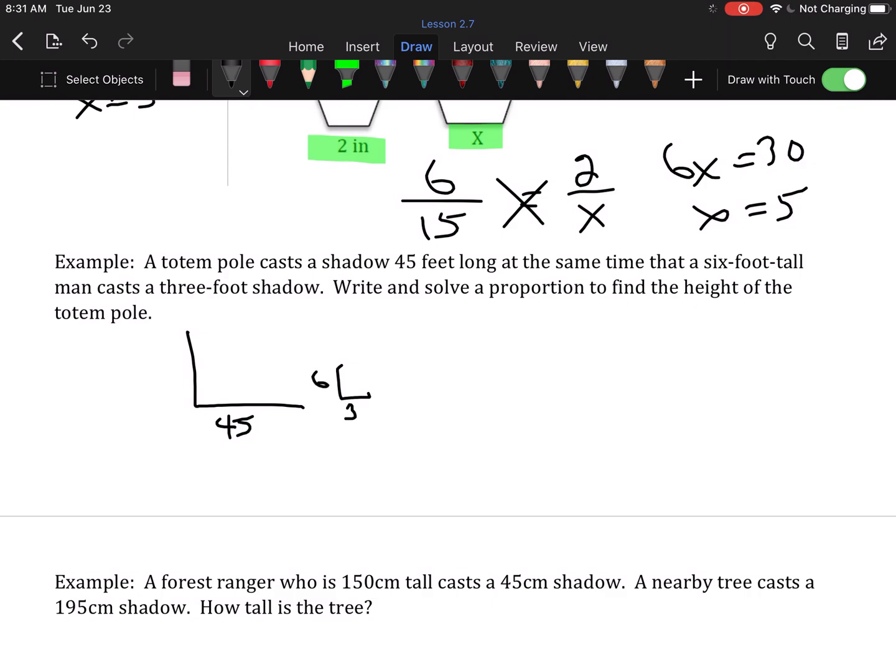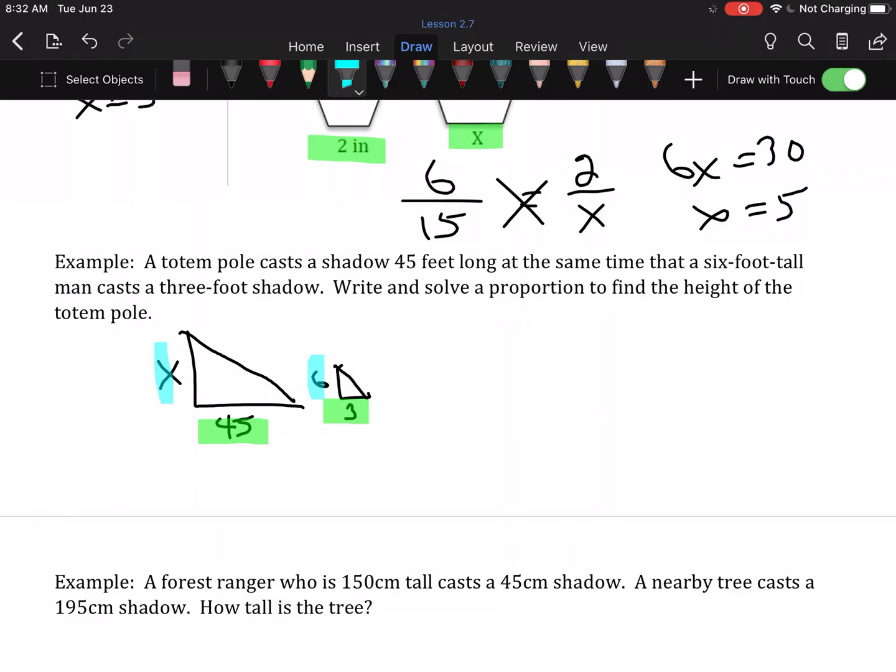Write and solve a proportion to find the height of the totem pole. This is indirect measurement. Here's a right triangle, here's a right triangle. We don't know the height of the totem pole. I've set it up so that we have the same kind of things we had before. We can do blues and greens.